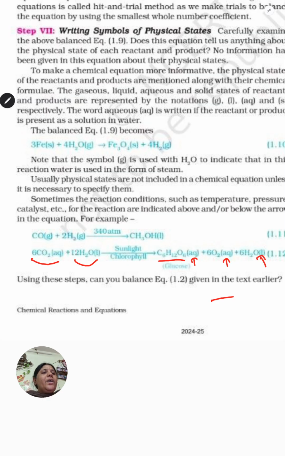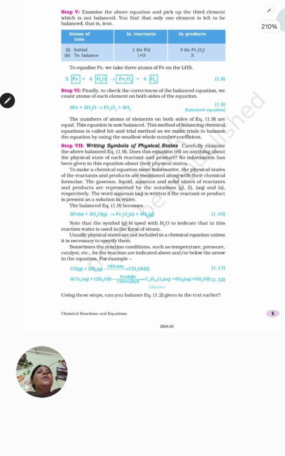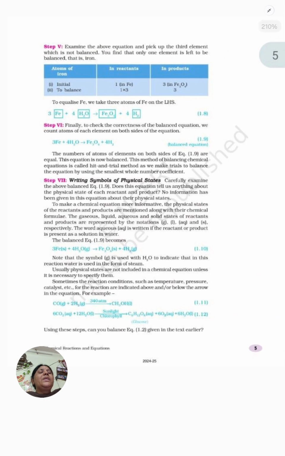So here we are representing the equation and we are saying what is the catalyst also in this reaction. Sunlight and chlorophyll are the important parameters in this reaction, right? Like this you can give the information about the reaction in the full-fledged form using a balanced chemical equation and representing even the suffixes for the state of the material.